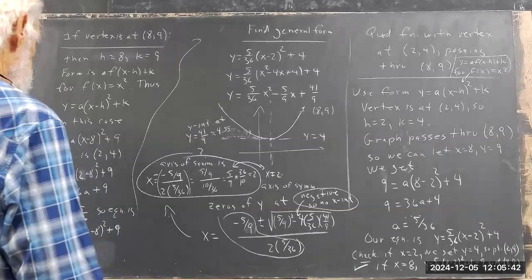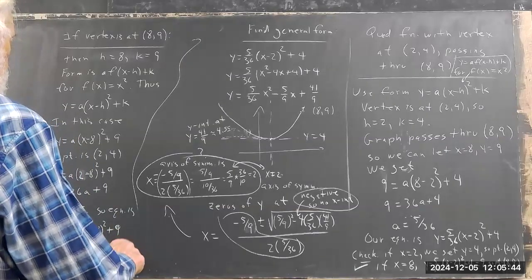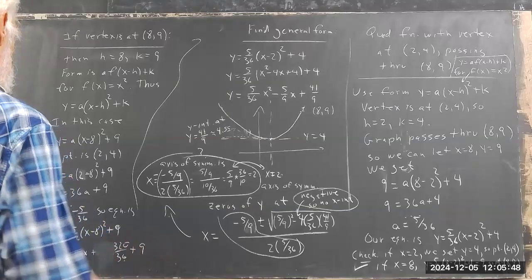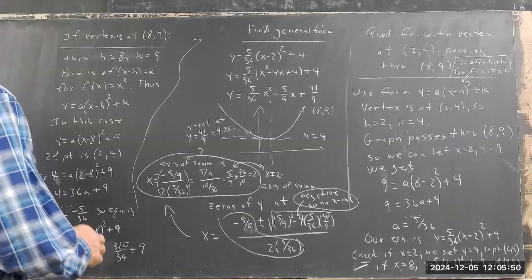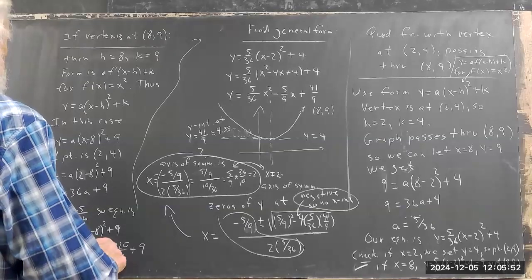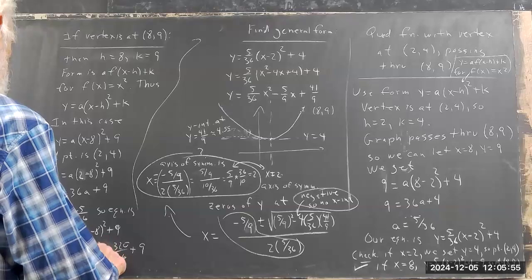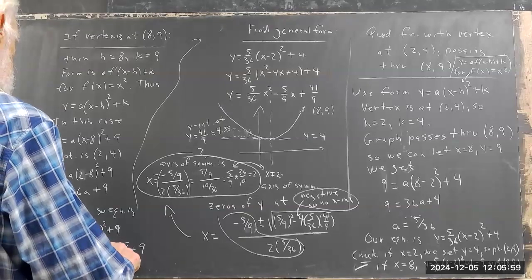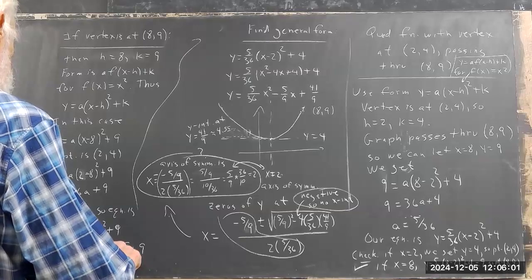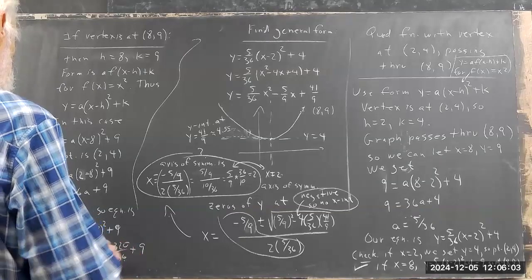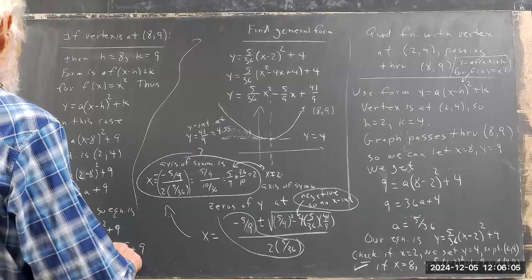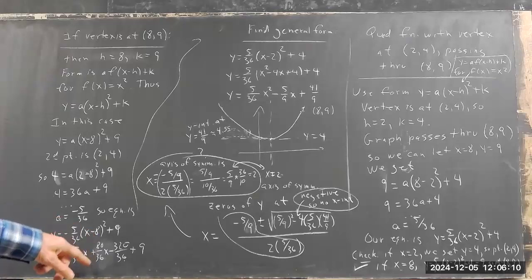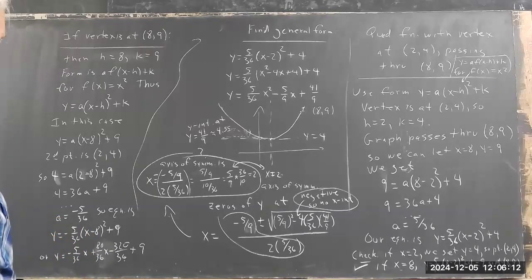Finding the x term, 16, so it'd be 80 over 36 x, and minus this plus this. We can reduce this fraction to 20 over 9.